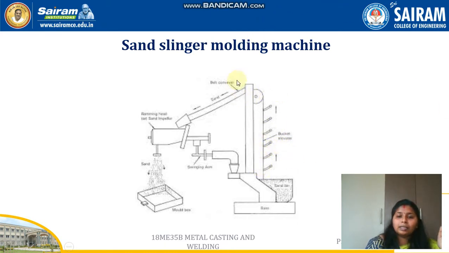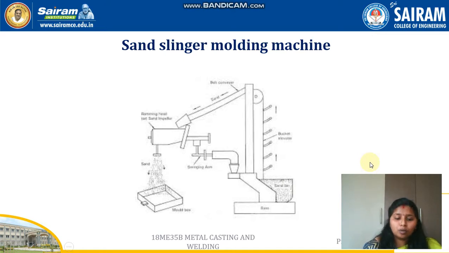There is a belt conveyor through which the sand passes to the ramming head or sand impeller, through which the sand is thrown into the mold box with high force. With that force itself it gets rammed up and the molding action is done. So this is how the sand slinger works.